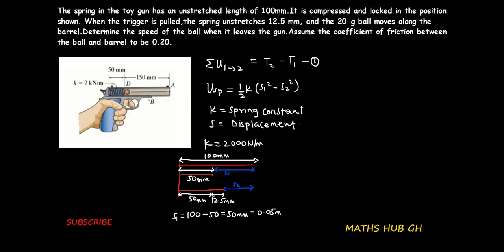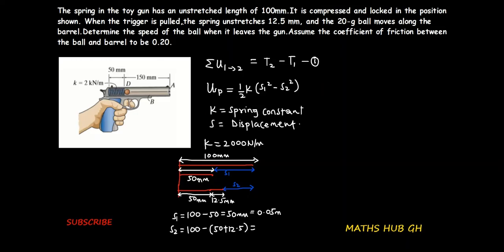0.05 meters. And then S2 will be equal to 100 minus 50 plus 12.5. Okay, so let's do this and see what you're going to get. 100 minus 50 plus 12.5.